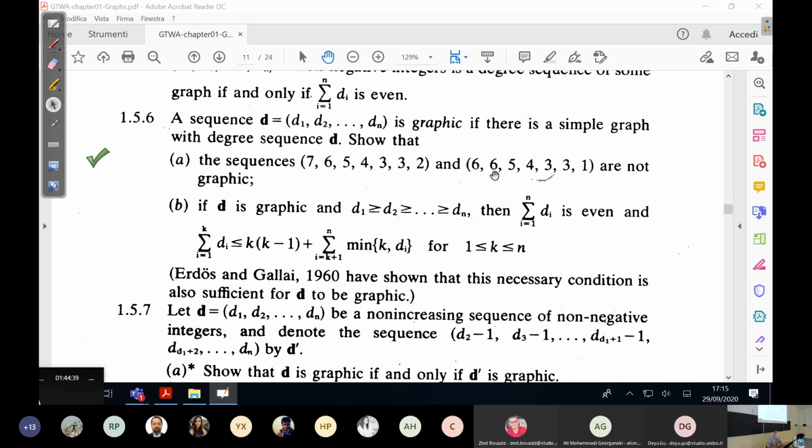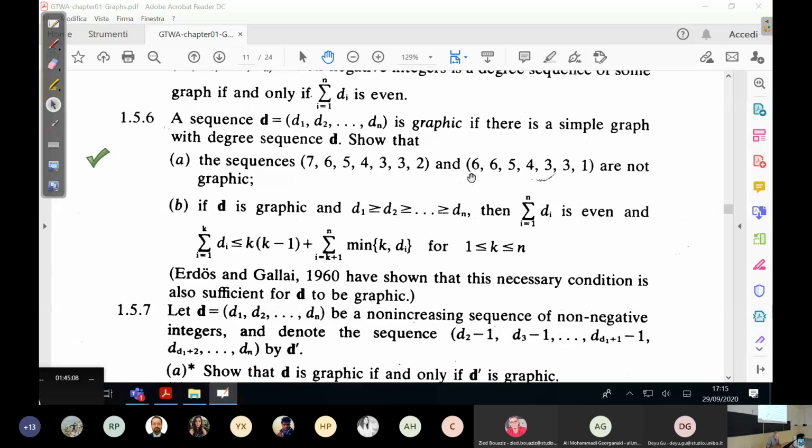Because the last vertex has only one, and must be two for the two sixes. Exactly. I repeat what the student in the classroom says. If these two vertices have degree 6, which is possible, as I said, it means that these two vertices are joined to every other vertex in the graph. So it's impossible that there is a vertex with just degree 1, because this vertex, as any other vertex, should be joined to both these vertices.